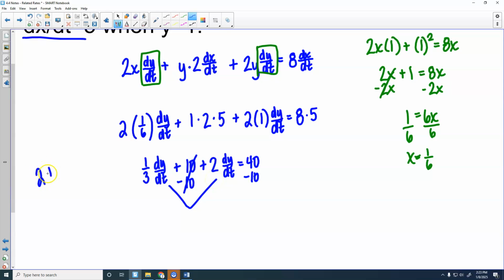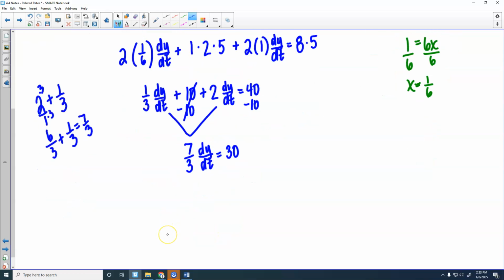I've got to do 2 plus 1/3, which needs common denominators. Multiply that by 3 on top and bottom to do 6/3 plus 1/3, which gives you 7/3. So I've got 7/3 dy/dt equals 30.